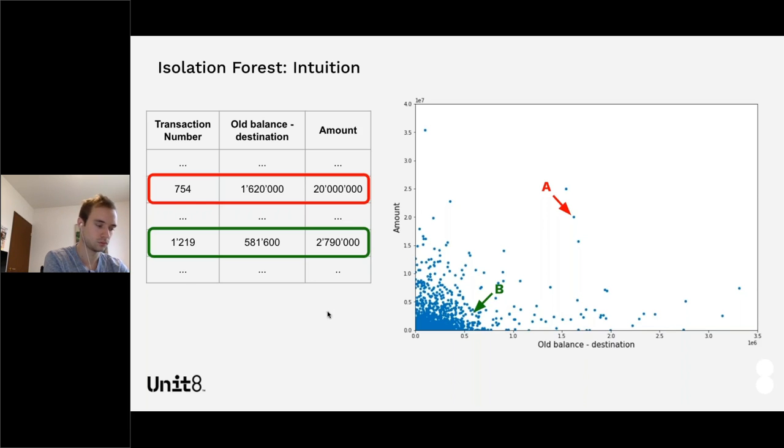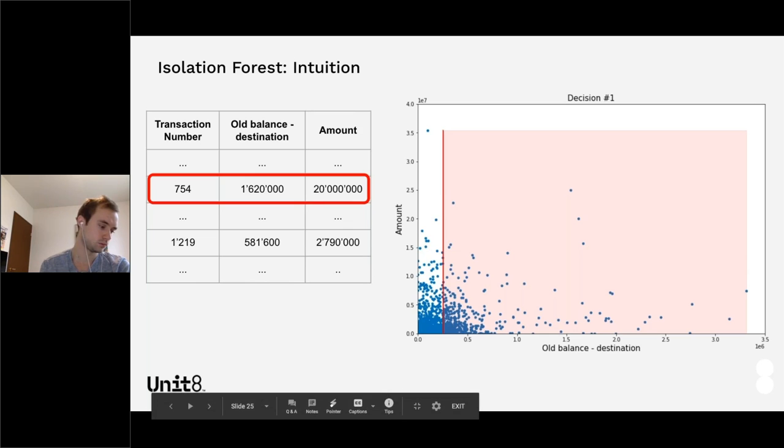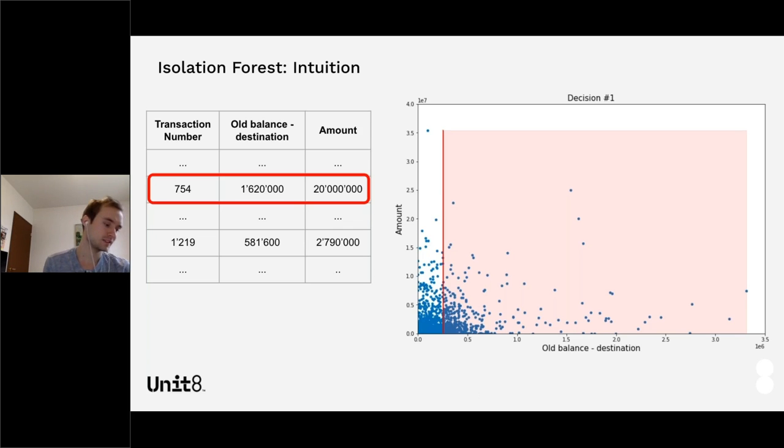Let's first focus on point A and look at how the core algorithm of isolation forest treats it. The first step of the core isolation forest algorithm is to select a random dimension and a random value. So here we have 2 dimensions, x-axis and y-axis. That way we make a random decision about how we split our dataset.